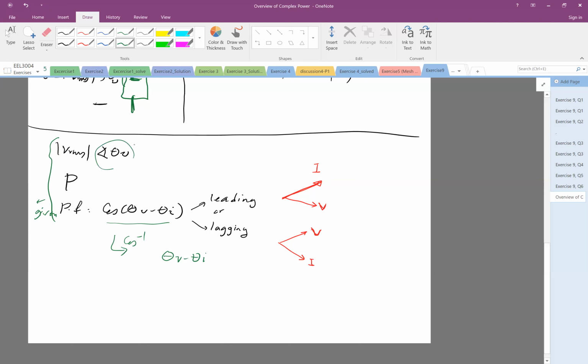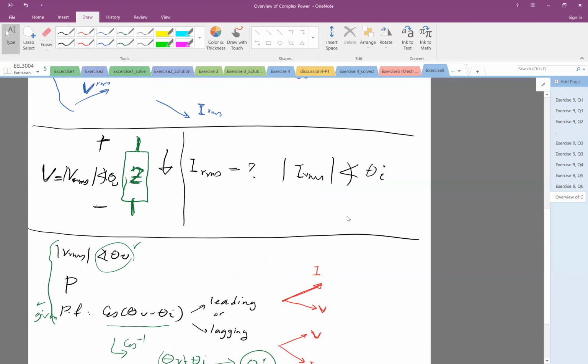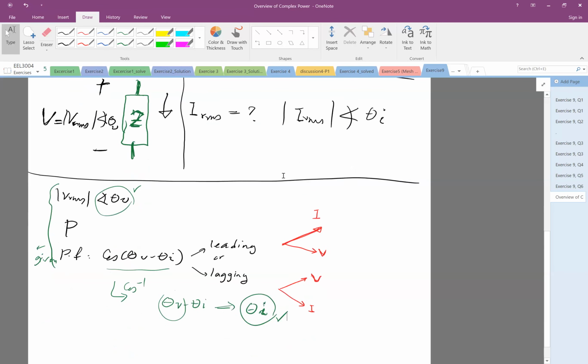And I also have theta V, so from this I can find theta I. Just be careful about the leading or lagging part, to see whether theta I is more than theta V, or less than theta V. So you find the phase of the current, but you still need the magnitude of the current.